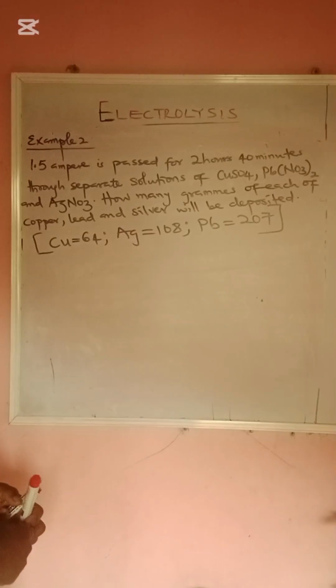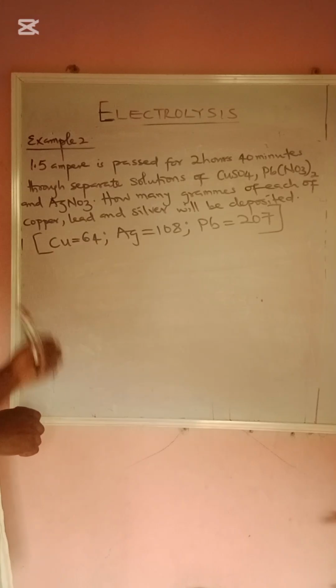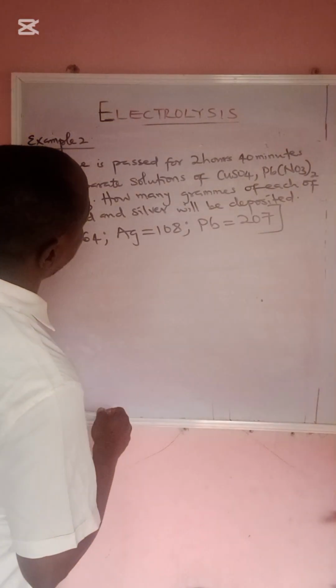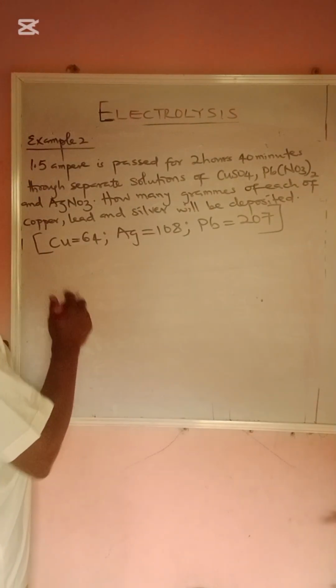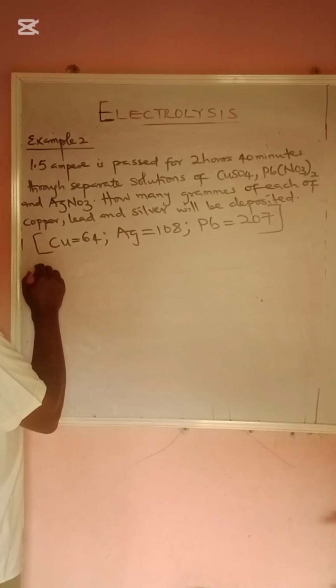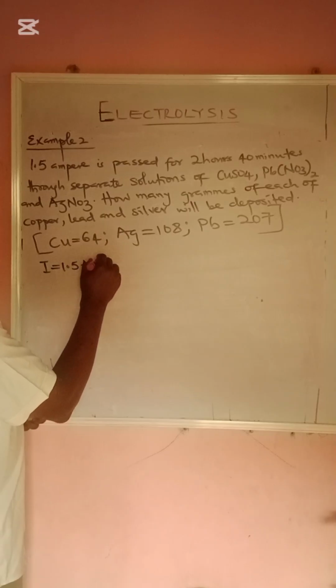This is the question. Let's calculate the quantity of electricity passed first. Current is 1.5 ampere.